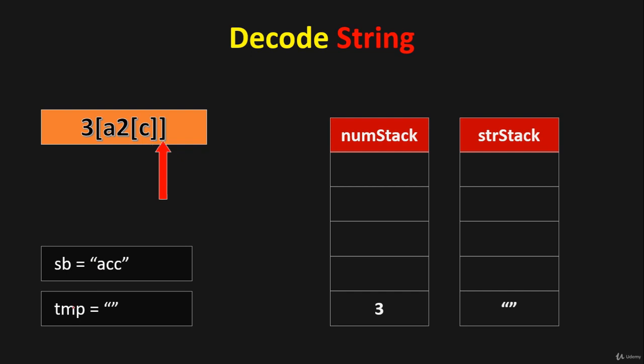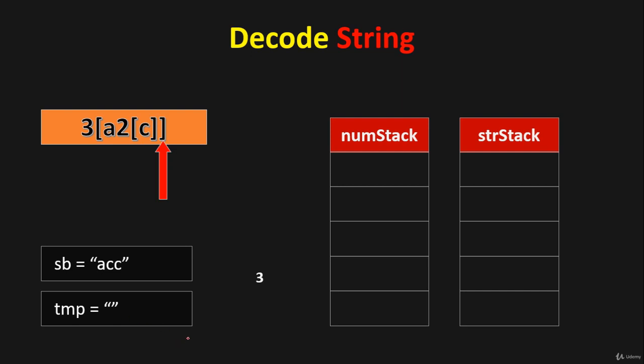Now let's move to the next character. The next character is closing bracket. Whenever we find a closing bracket, we'll pop out the top element from string stack and assign that value to temp variable. We have here empty string, so let's pop out empty string and assign it to temp variable. The temp variable is already empty string, so nothing needs to be done here. Then the next thing, we pop out the top element from num stack, that is 3.